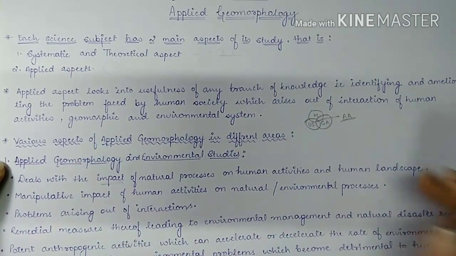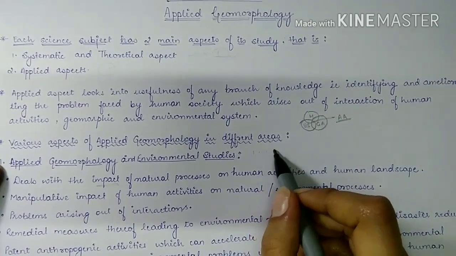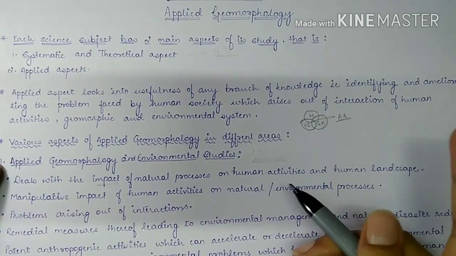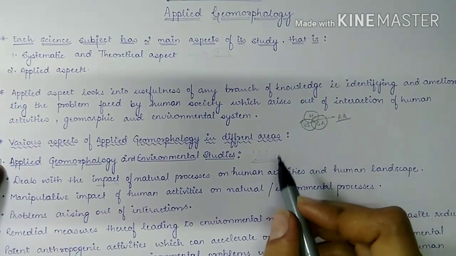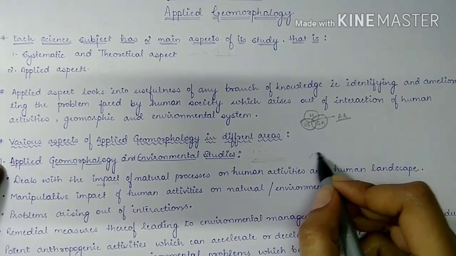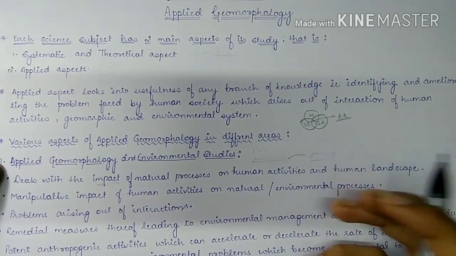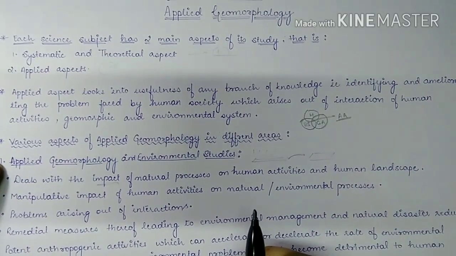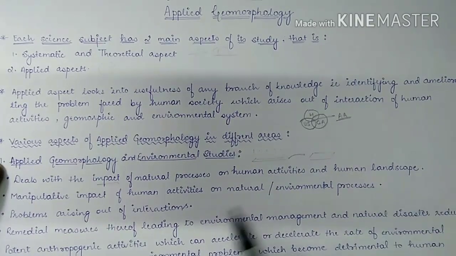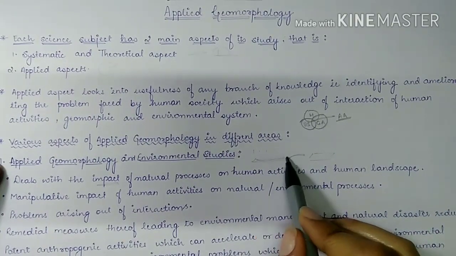Like if there is more rainfall, the cultivation will be different, the housing pattern, the culture and the eating pattern will be different from the area having scanty rainfall. This is how the environment impacts human life, and through applied geomorphology we look into the landscape and the human activities related to that landscape.